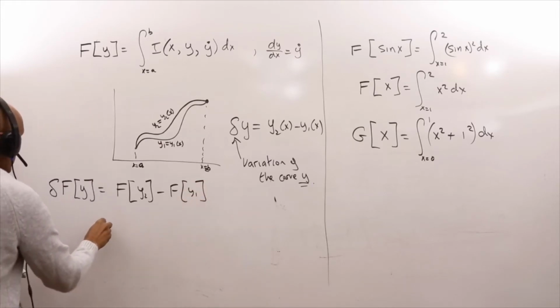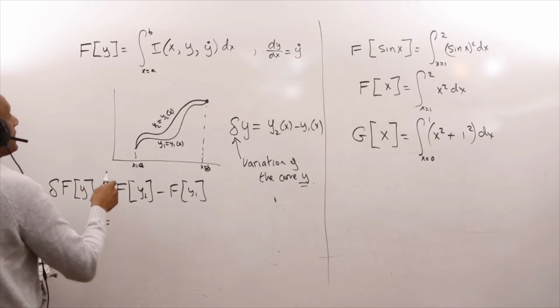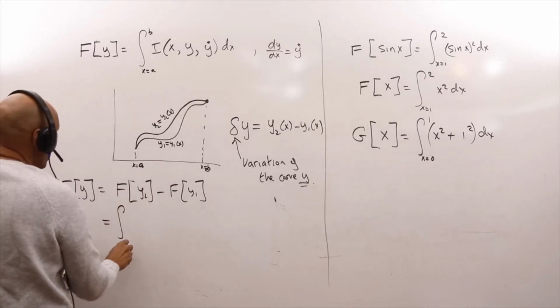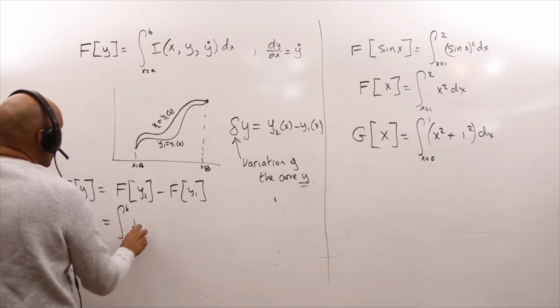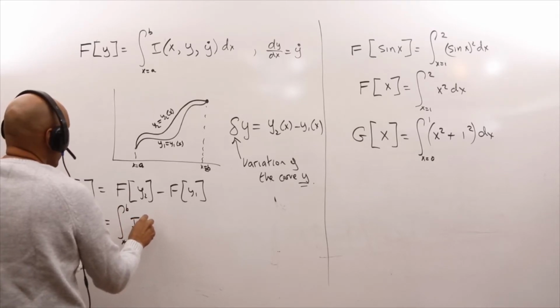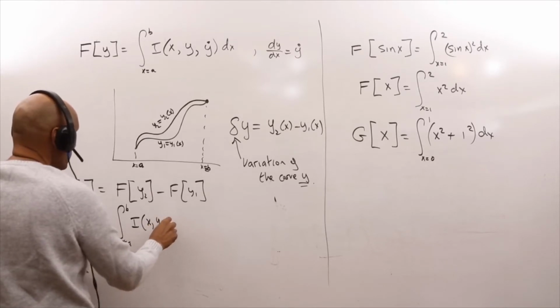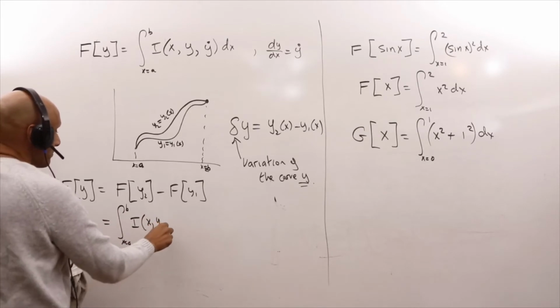I'm trying to get you used to this symbol called the variational symbol. So this variation means that this is really an integral from x equal to a to b of the integrand at x, y1, and you'll get used to this, but you won't write these steps. I'm going through this process to make sure you understand.